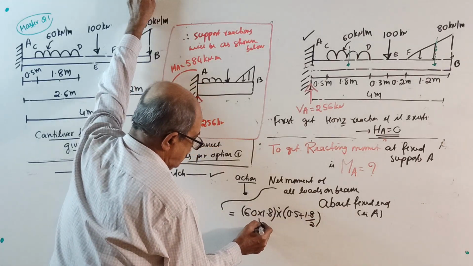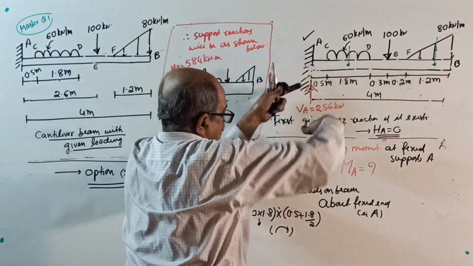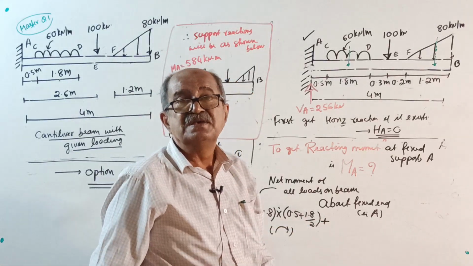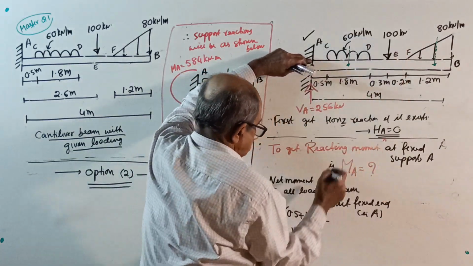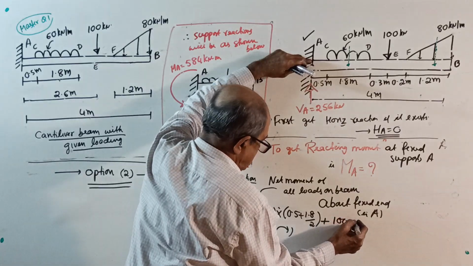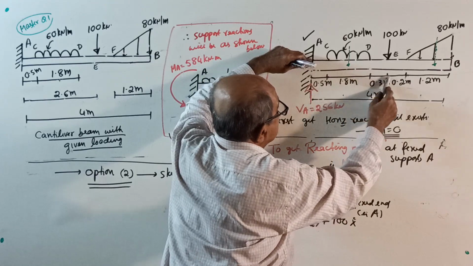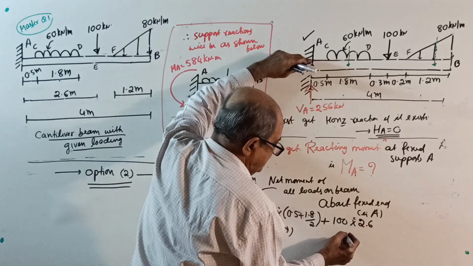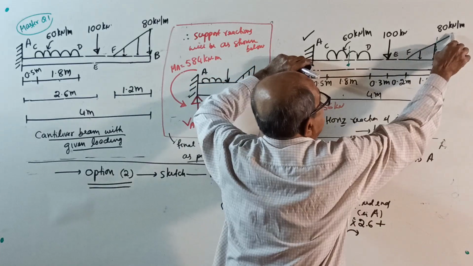See, this is the total load. This will be in clockwise direction. This plus is not clockwise plus, it is summation plus. Then 100, directly load 100 into 0.5 plus 1.8 plus 0.3, that is 2.6. This also clockwise plus.